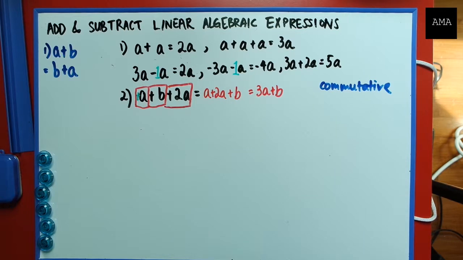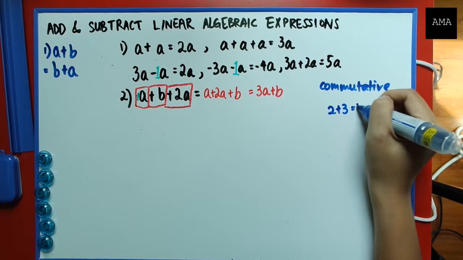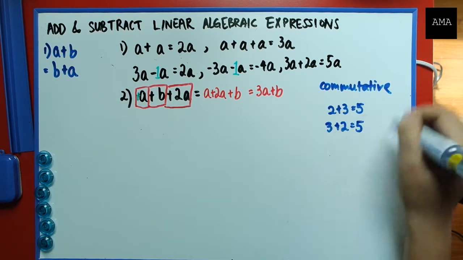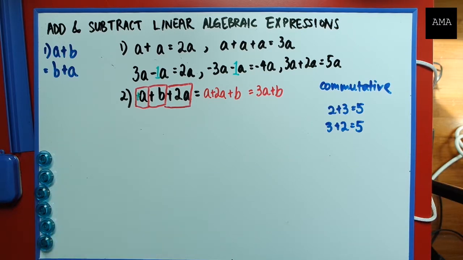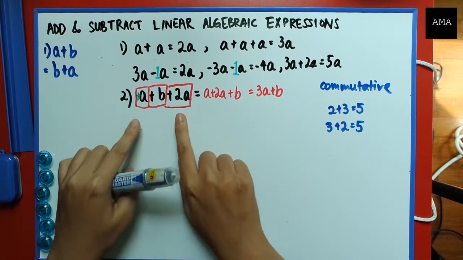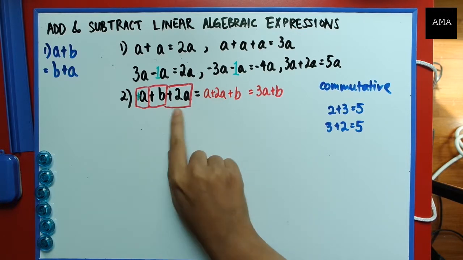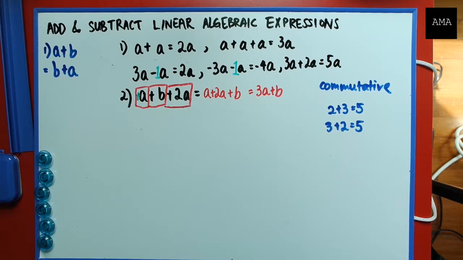Numbers are commutative. For example, 2 plus 3 is 5, and 3 plus 2 is also 5. So I can reorder this any way I like, it will still be the same. Hence I can shift the 2A to before B.